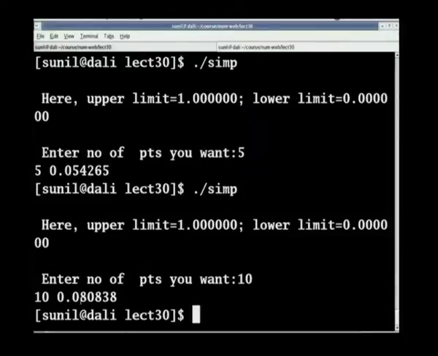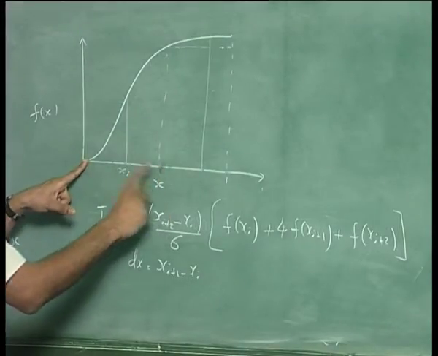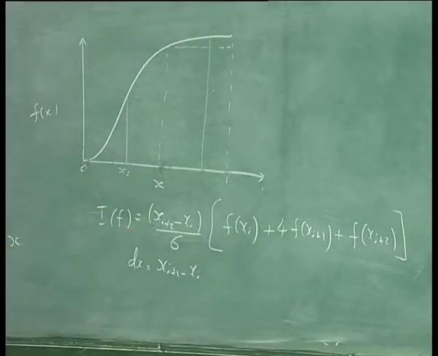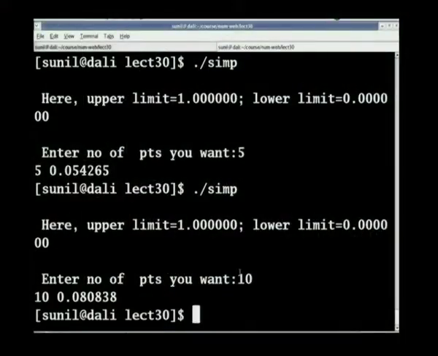So now this is again 5 intervals. When I say 10 points, it's actually 5 intervals, because this is one interval for now. The number of points at which the function is evaluated is 10, but the intervals is 5. So we see that in terms of the number of points at which the function is evaluated, for this particular function, this doesn't seem to give us much more accuracy than the trapezoidal rule.